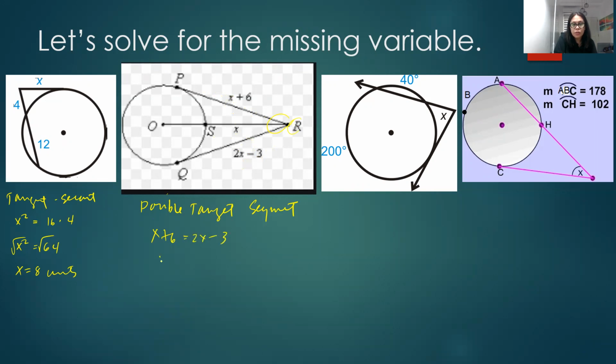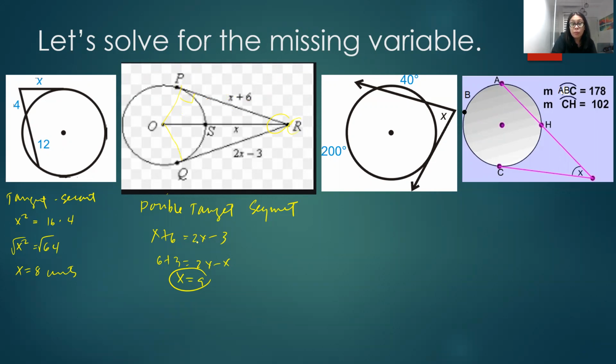So we have 6 plus 3 equals 2x minus x. So we can say that x equals 9. But for example, we are curious to know the length of the radius here, OP and OQ. Since this is the radius and this is the tangent line, the two are perpendicular and we are able to create a right triangle here.